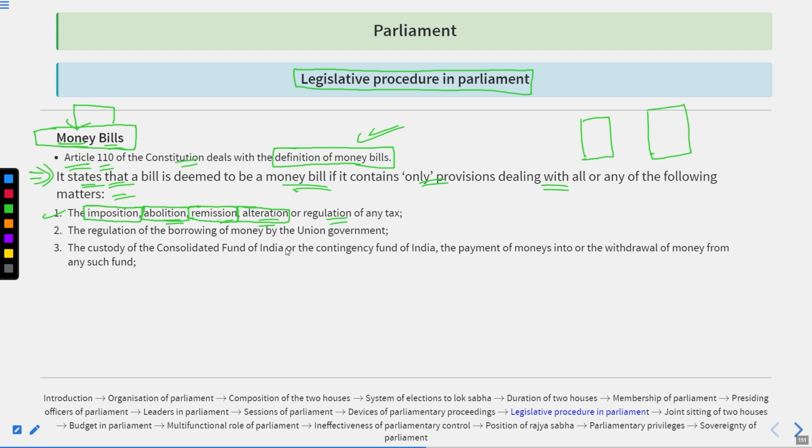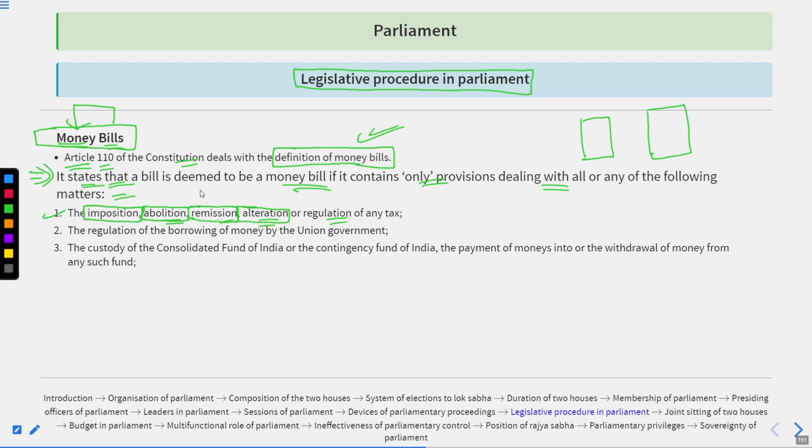How? If we talk about remission, we can understand it through an example. Suppose there was rupees 100 and 10% was tax. So how much would be the amount? Rupees 110. Base price 100, 10 was tax.